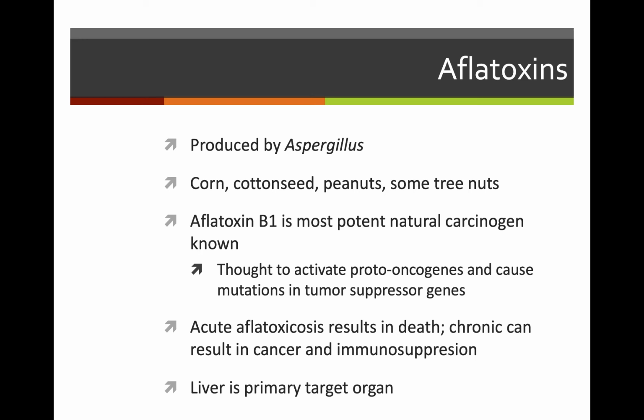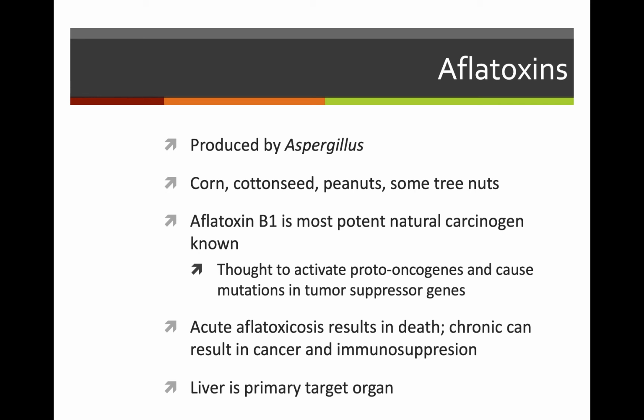It is thought to activate proto-oncogenes, so it basically will turn on oncogenes, genes that drive cellular replication, and it also can cause mutations in tumor suppressor genes. So it kind of comes at you in two ways. One, it turns on the genes that drive the cell cycle. And two, it turns off the genes that say, hey, something's wrong here, we should not replicate.